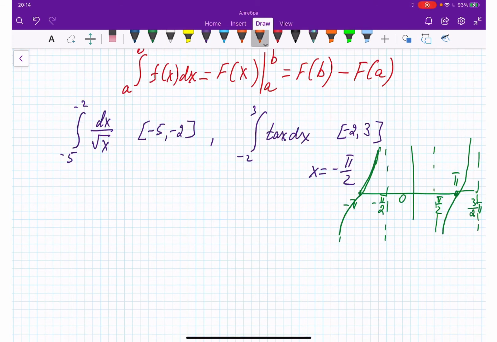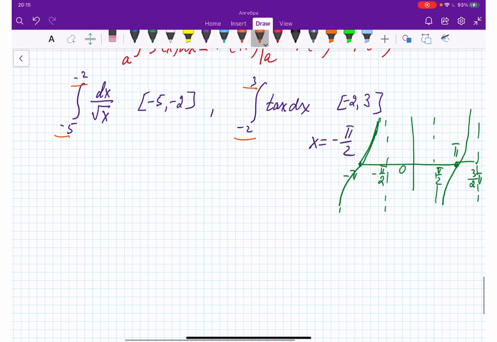As you noticed, here we have the lower limit and here the upper limit, right? Can the lower integration limit be greater than the upper integration limit? Well, let's see. For example, we can have from 6 to 0 of 1 minus x dx.